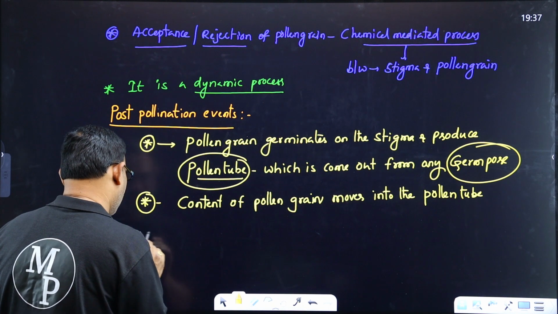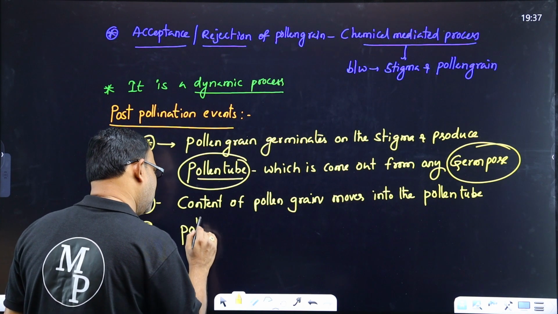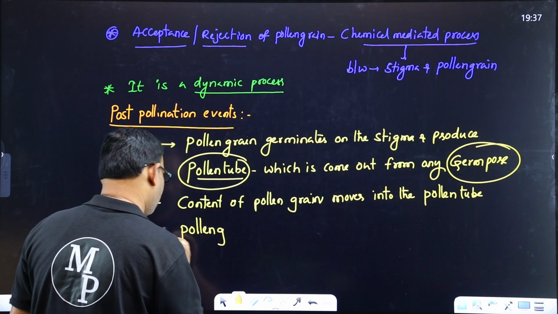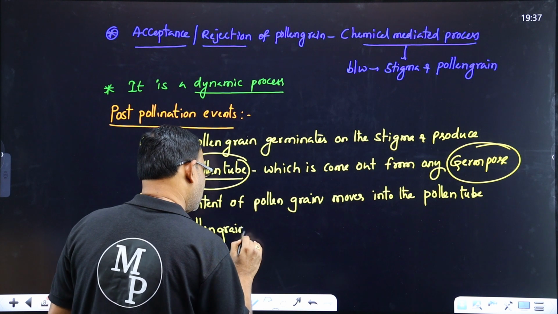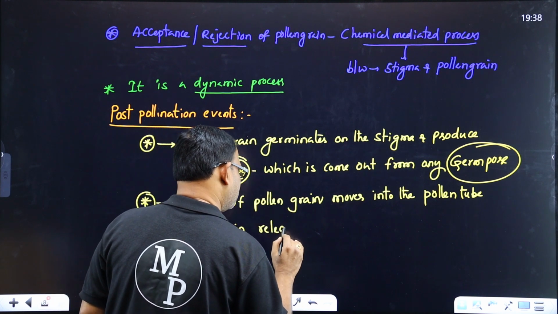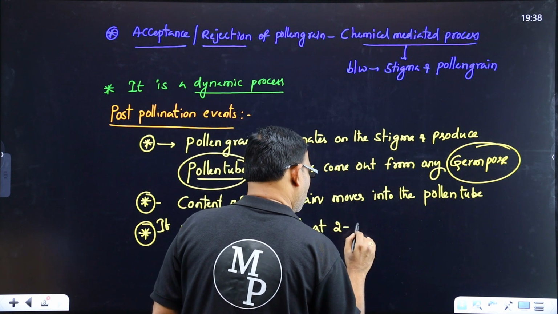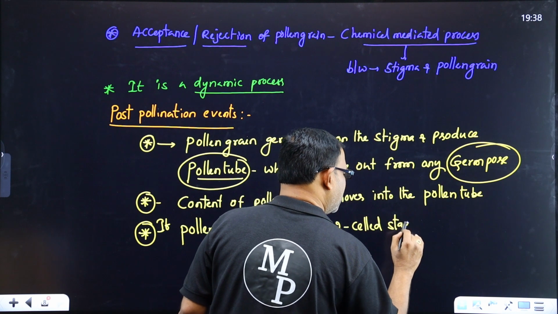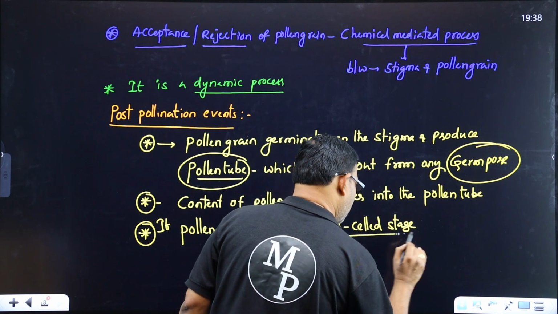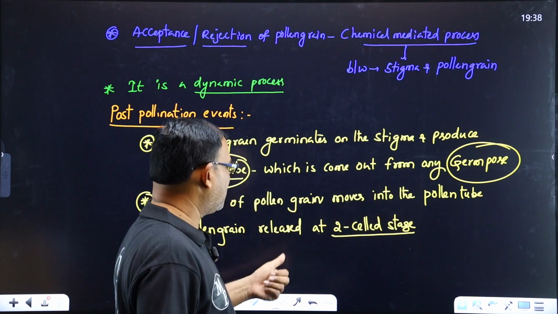Now coming to the next one, if the pollen grain is released at the two-celled stage. నేను ఆల్రెడీ మీకు చెప్పాను నాన్న, over 60% of angiospermic species release pollen at the two-celled stage.